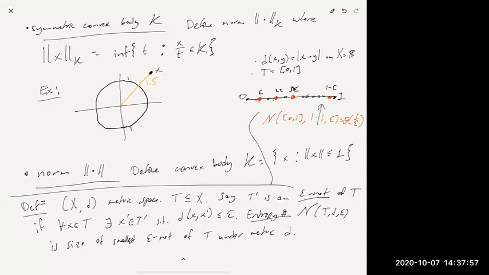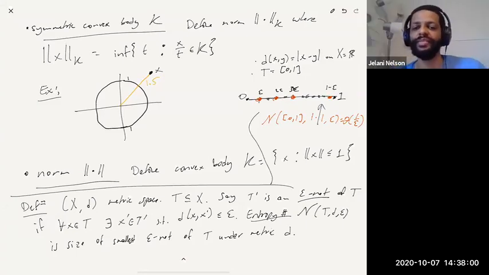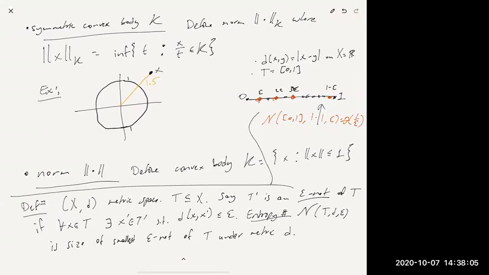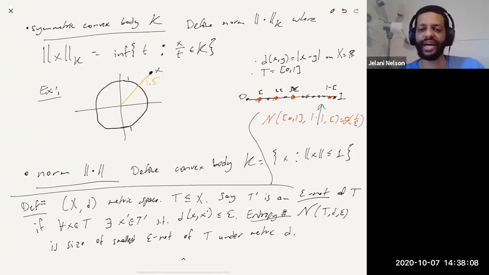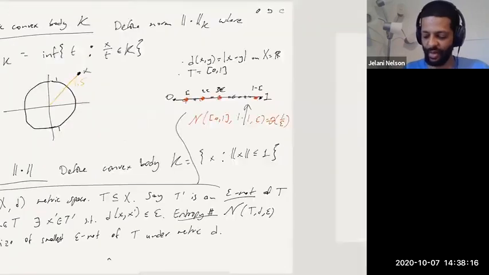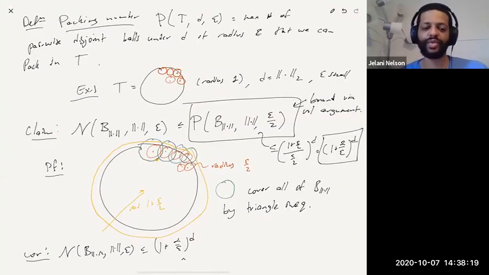So think of the entropy number as an optimization problem: find me the smallest epsilon net of T. The size of the smallest epsilon net, that's the entropy number. So here, when I say that the entropy number is at most (1 plus 2 over epsilon) to the D, what I'm saying is there always exists an epsilon net of size at most (1 plus 2 over epsilon) to the D, if you're trying to cover the ball in its own norm.